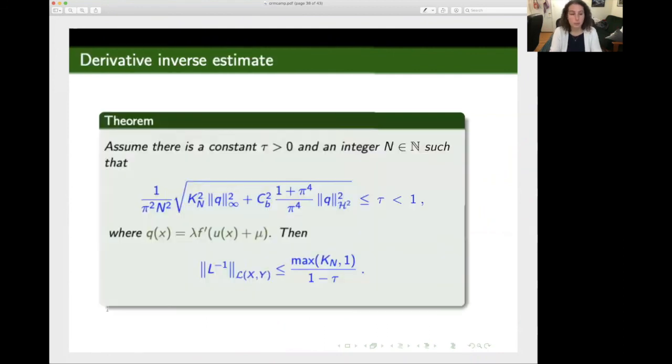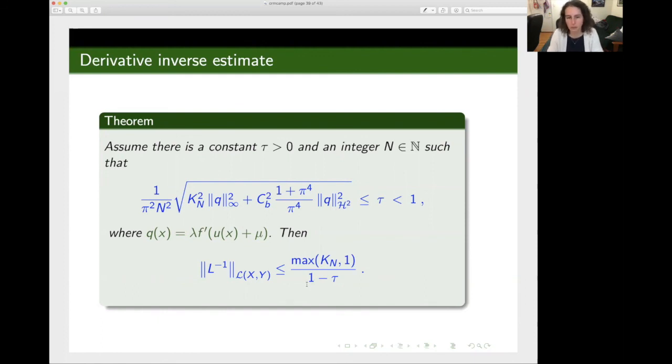And once we have that, our theorem is, and this is a bit technical, but Q of X is just lambda times F prime of U of X plus mu. And so just so you know what all these constants are, N, remember, is the projection dimension. And if there's a constant tau less than 1, so that this rather complicated formula that comes from the details of the Sobolev embeddings is less than tau, then what we can guarantee is that the inverse of the infinite dimensional operator is less than or equal to the max of kn and 1 over 1 minus tau.